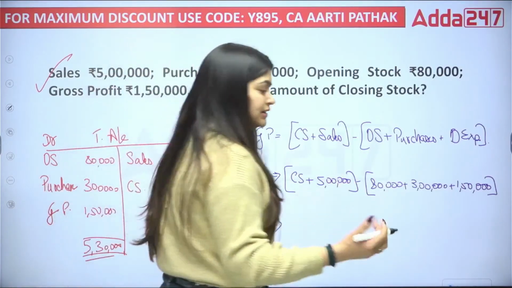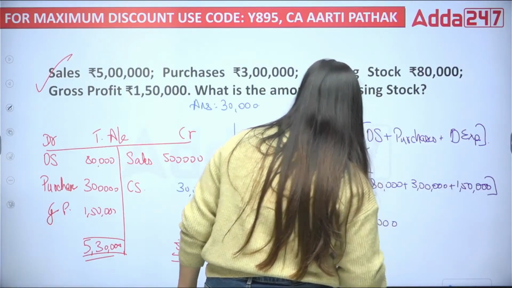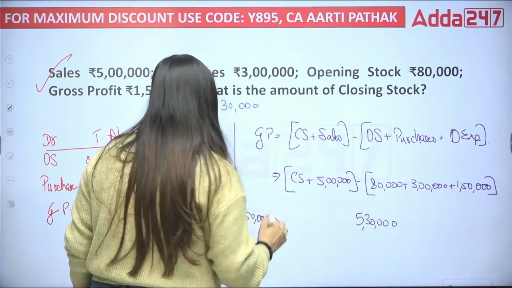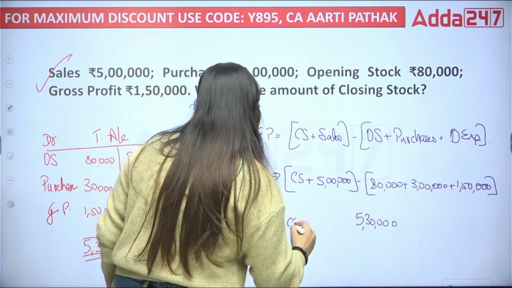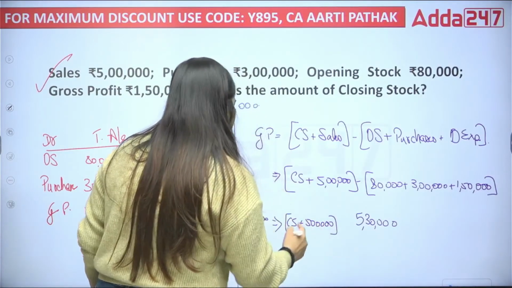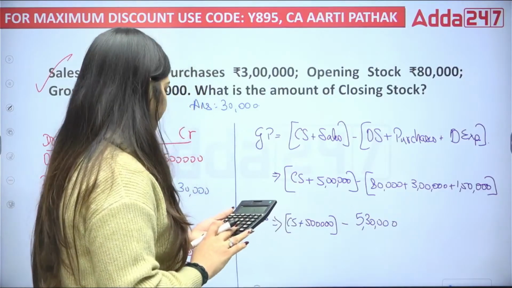Same 5,30,000 we will get in this. And here you will get gross profit also 1,50,000. And this side you have closing stock plus 5 lakhs. So if you shift here, you can see 5,30,000 plus.